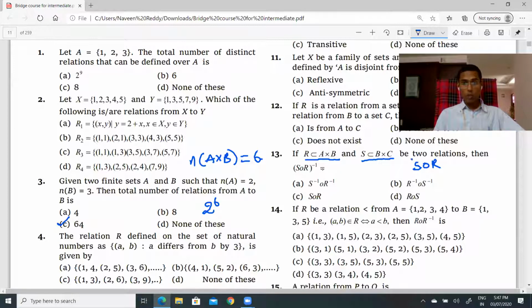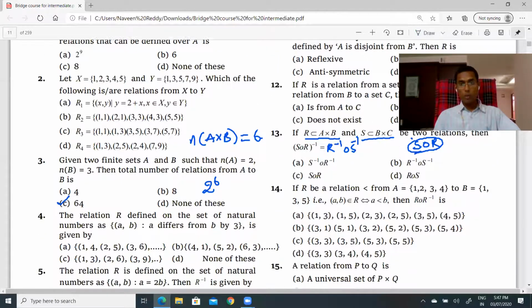S circle R whole inverse is R inverse circle S inverse. That's the reason; take a screenshot and study that. This is called composite relation. All right.